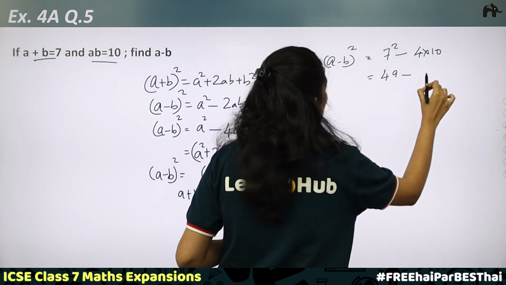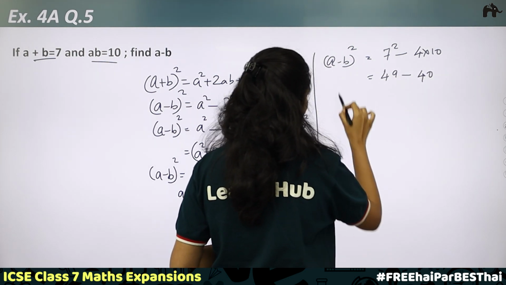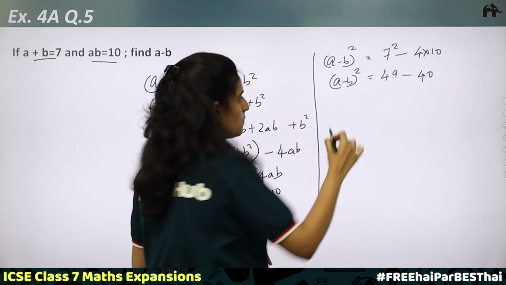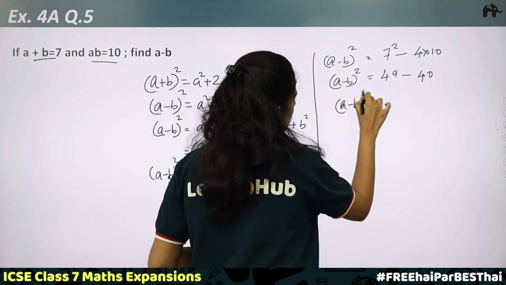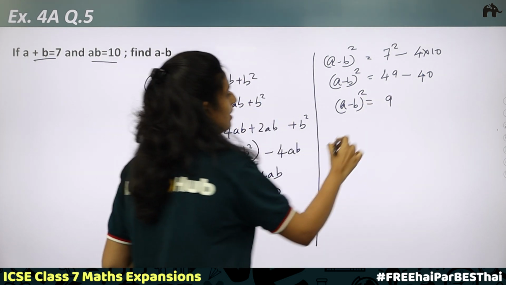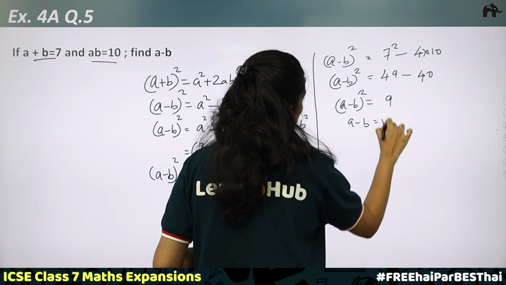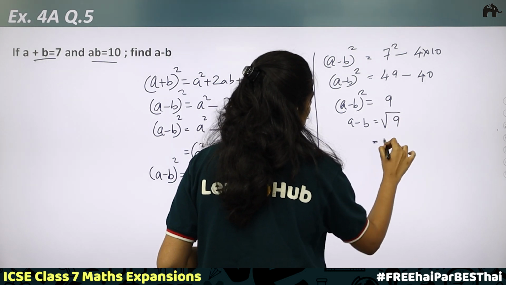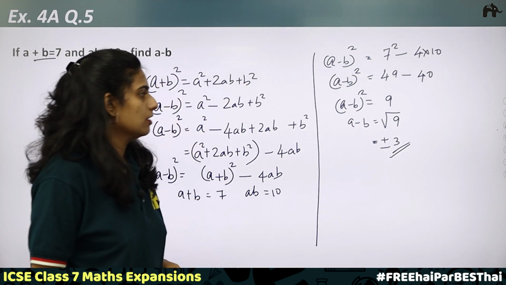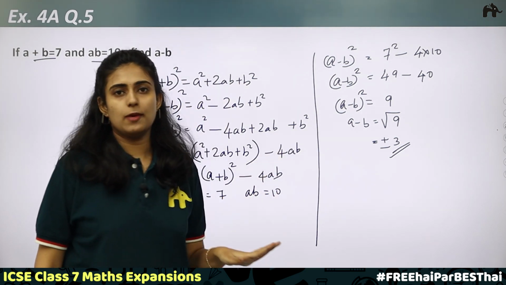So a minus b whole square is equal to 49 minus 40, which is 9. Then a minus b will be equal to root 9, which is equal to plus or minus 3.